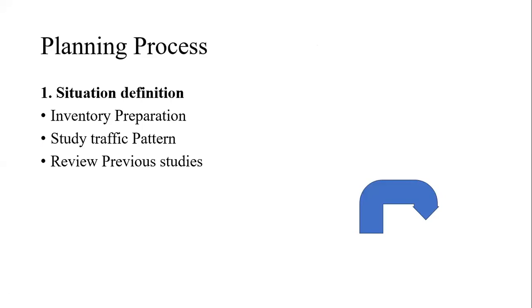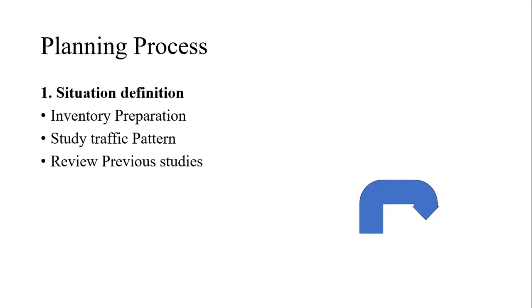we first prepare the location plan of the area that we think needs planning. It starts with the inventory preparation, meaning the allied roads, whatever structure, the infrastructure that is present on that problematic place.